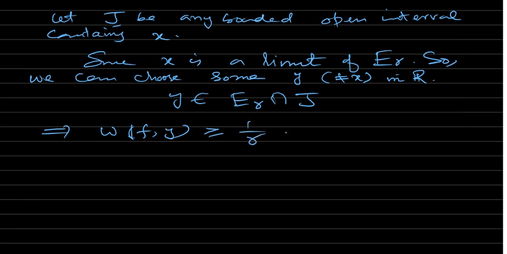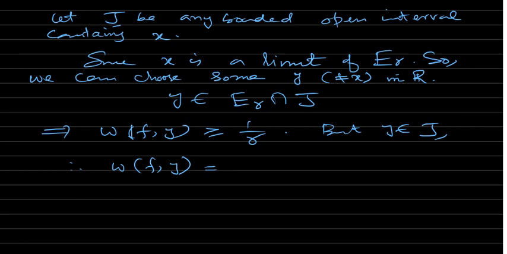But y is also in J. The oscillation of f at y is the GLB of the oscillations of f over all the intervals J containing the point y.